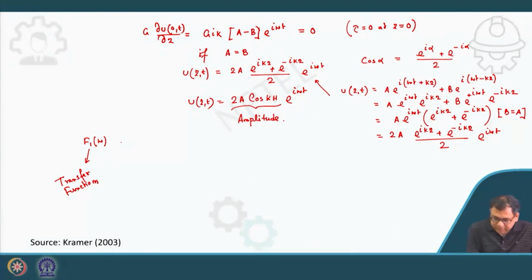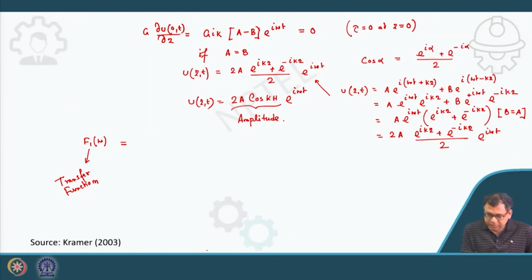Okay, so that transfer function is equal to what I am doing. I want to get the ground surface motion from the bedrock motion. So bedrock is at a depth of h and ground surface is at depth 0, z equal to 0. One is ground surface where z equal to 0 and bedrock z equal to h.